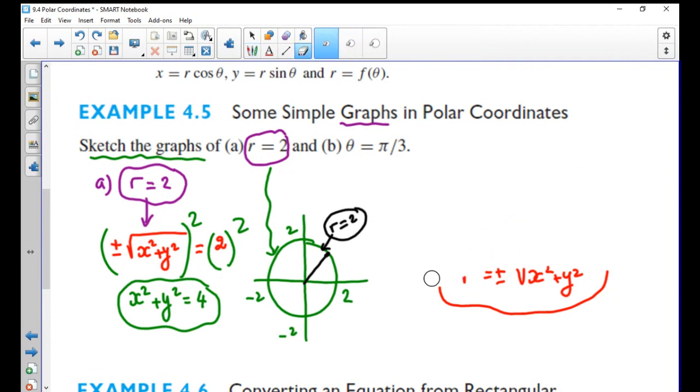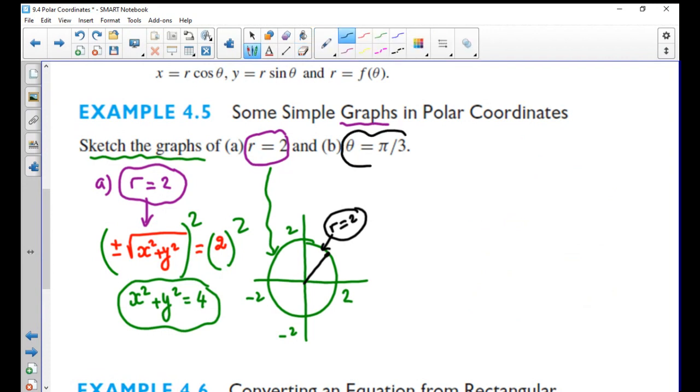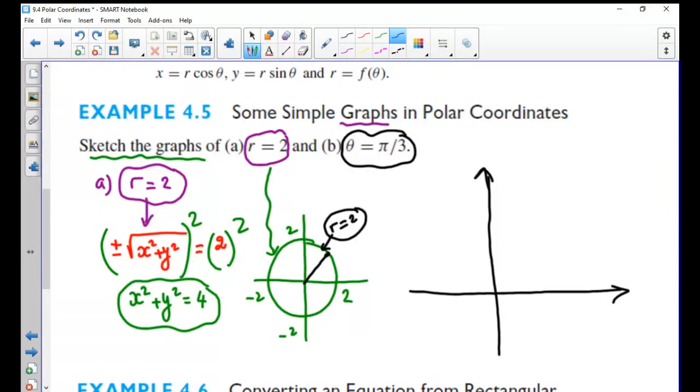Now, how about theta? Where are the points which have a theta equal to pi over 3? So this time, what do you think this will be? If you think of points which all have a theta, that angle equal to pi over 3, where are these points?